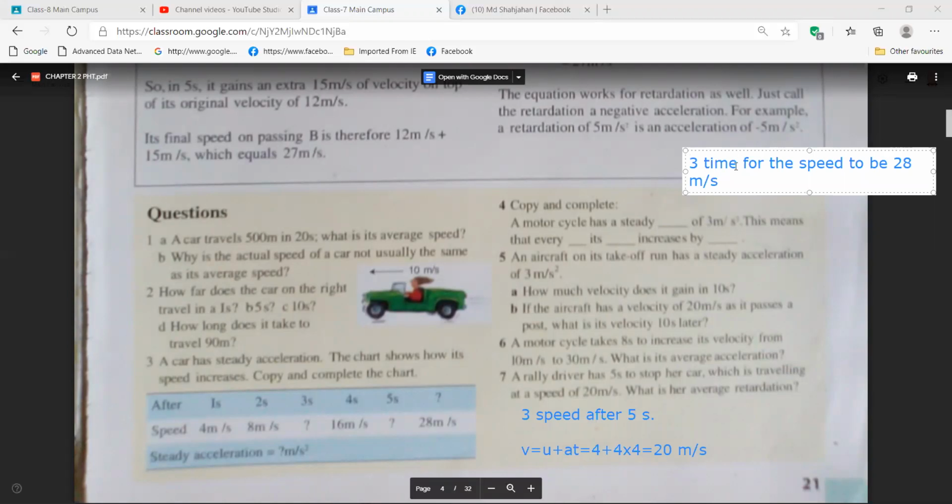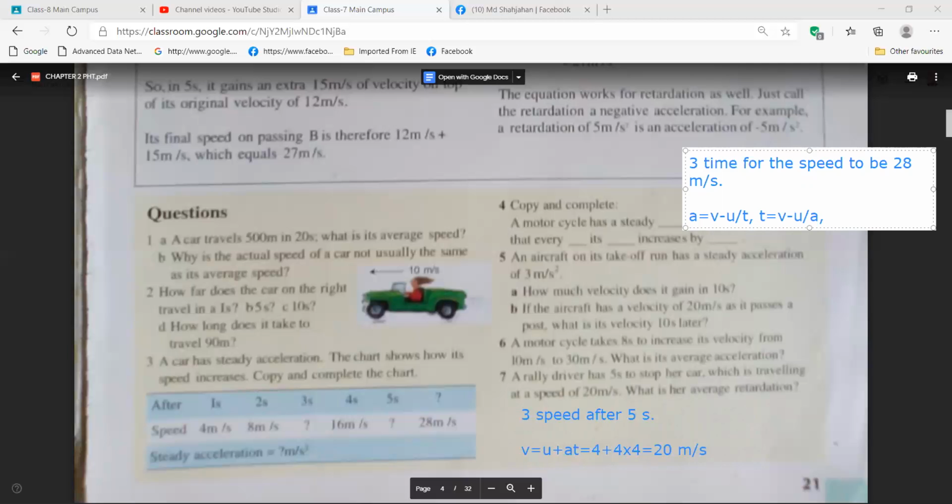So how will we do it? You will rearrange the formula. You have the formula A equals V minus U by T. So you can rearrange this formula, making time the subject. Time equals V minus U by A.